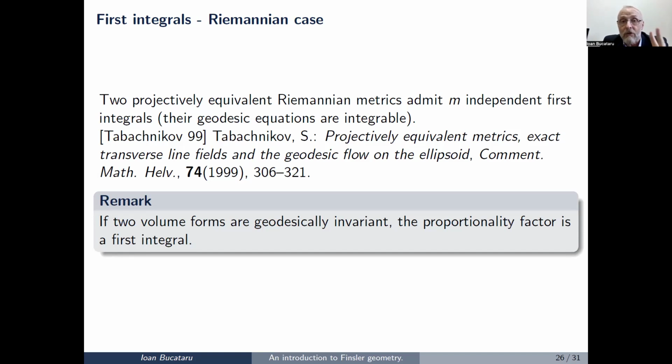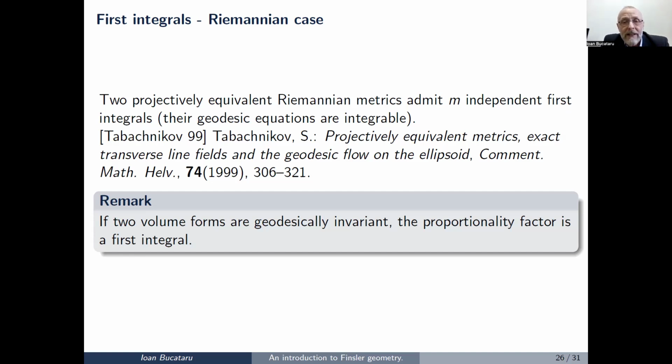And this is true because for two projectively related Riemannian metrics, you can actually find a system of independent first integrals that Poisson commute.